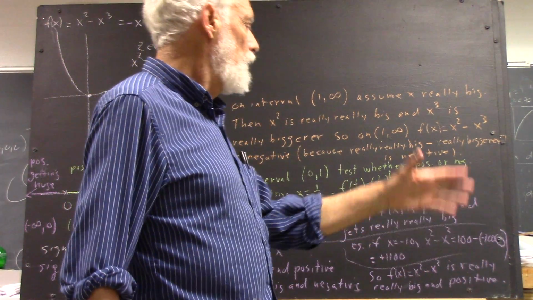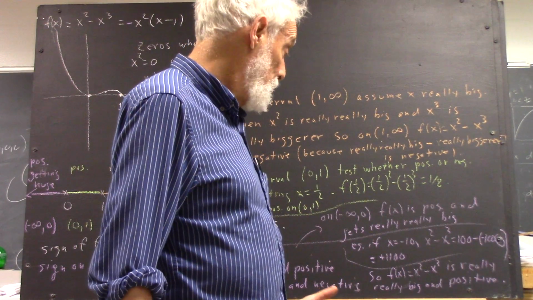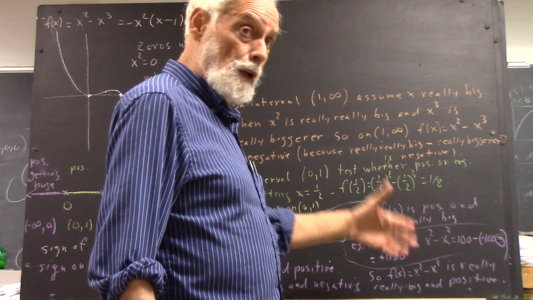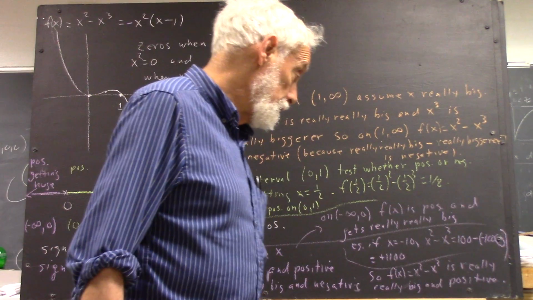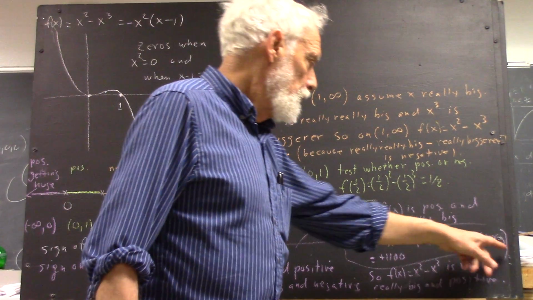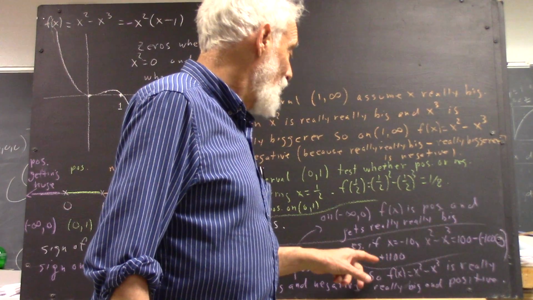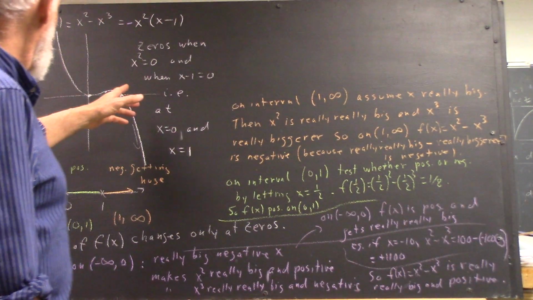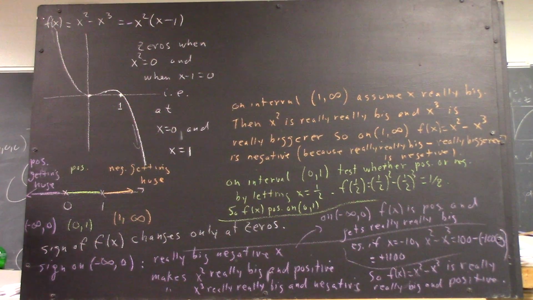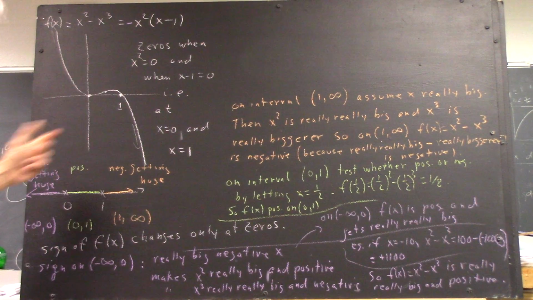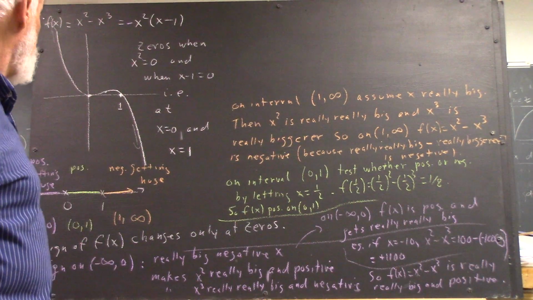X cubed is already a lot bigger than x squared because we're cubing 10 rather than squaring it. And of course we have the negative. If we do this, we get 1,100. So f of x is already 1,100 when x is just negative 10. Now that's a little bit off the board, but it's not all that far. But 1,100 is way up there.